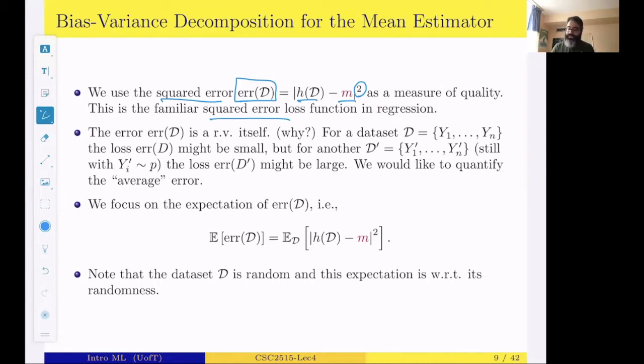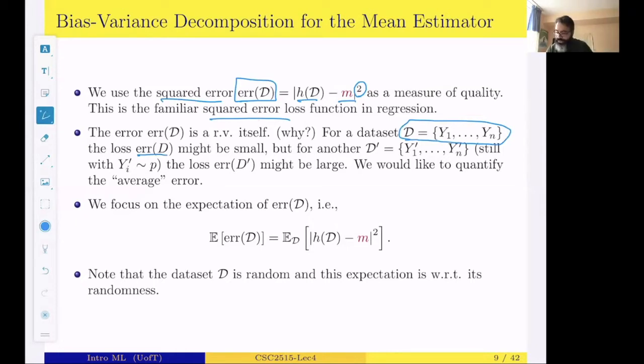One thing that is important here is that this error, the way that I defined it, is a function of data set D. If we have different data sets, we get different errors. Suppose we have a data set D, which is y1 to yn. We get some error of D, which might be small.